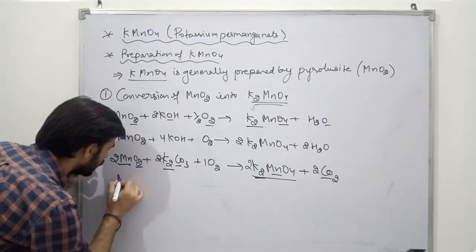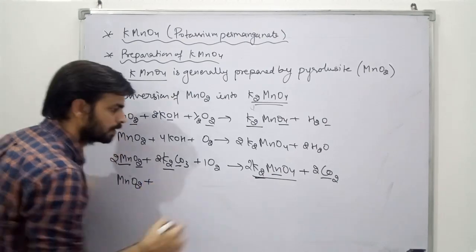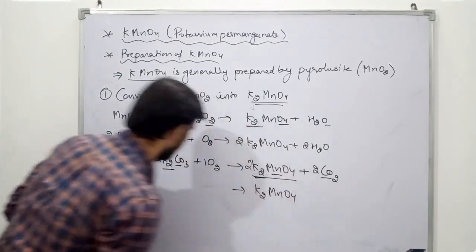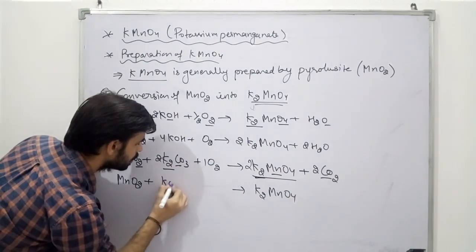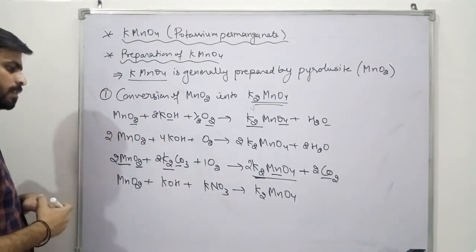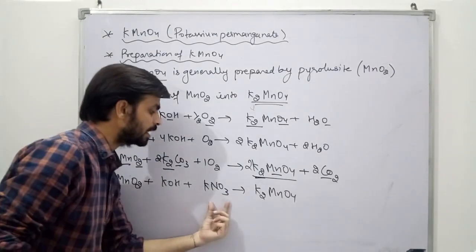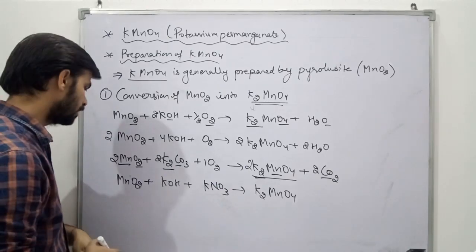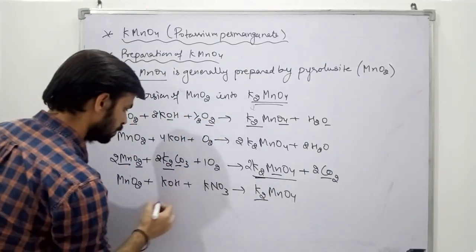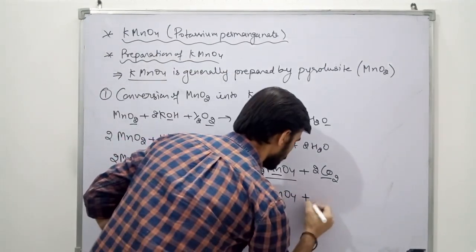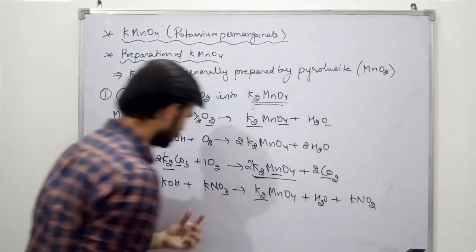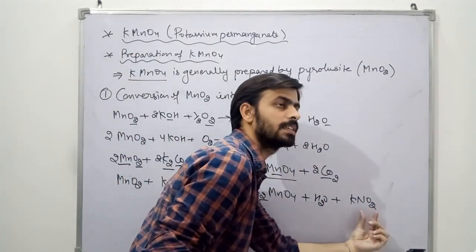We can also convert manganese oxide into potassium manganate by KOH and potassium nitrate. This is potassium nitrate. Now K2MnO4, then potassium nitrite, H2O. Potassium nitrate is converted into potassium nitrite.